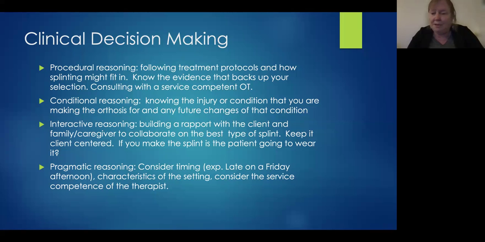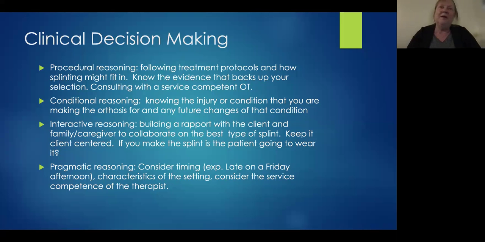The first one is procedural reasoning, and that is following treatment protocols and how an orthosis might fit in. So following different protocols and knowing the evidence that backs up your selection.